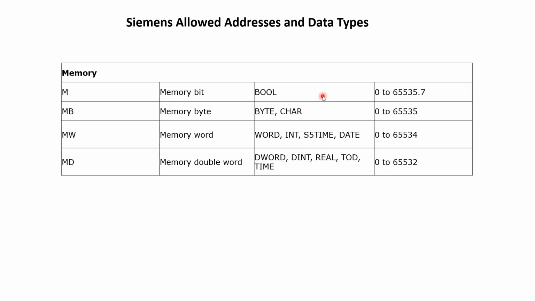But let's use it as a coil to actuate something inside the program, such that when this comparison checks if value A and value B are equal, if they are equal, then I want this bit to come on. So it's just internal, inside the software.